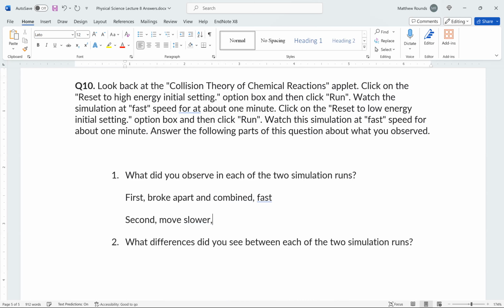Fast, move slower, did not break apart. So I guess, I know this is least fun, you might need to watch it twice. But we need a sentence or two that says these things in there.